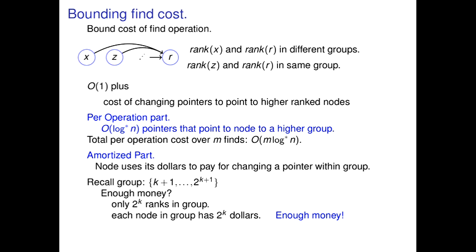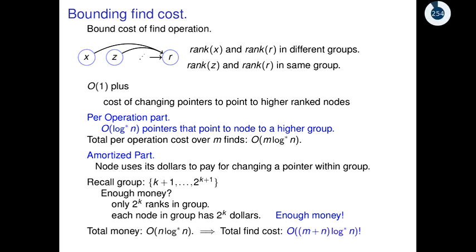We're better than JP Morgan, so that's fine. So the total money was n log star. This is the averaging argument. So you see why I have to wear this shirt. It's pretty tough, but it's kind of beautiful. So that's the total find cost, O of m log star n.